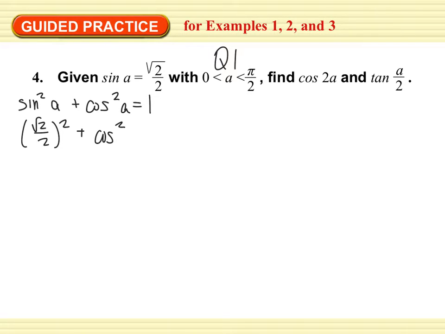If I square that, I get 2 over 4. Subtract 1/2 from both sides, so minus 1/2 minus 1/2.